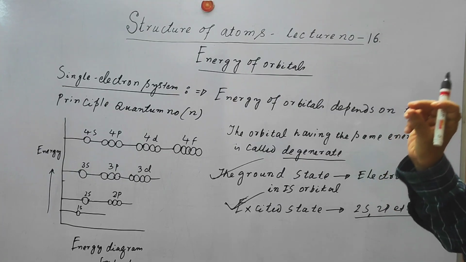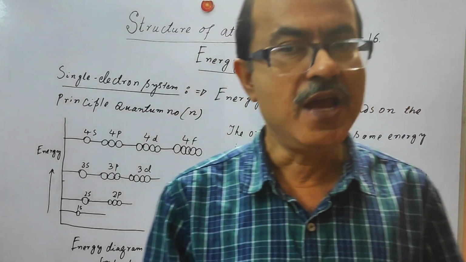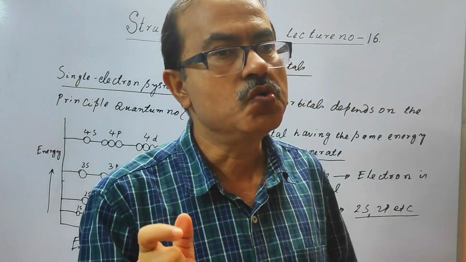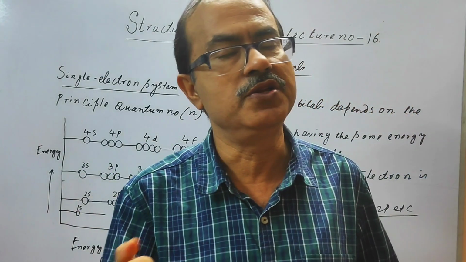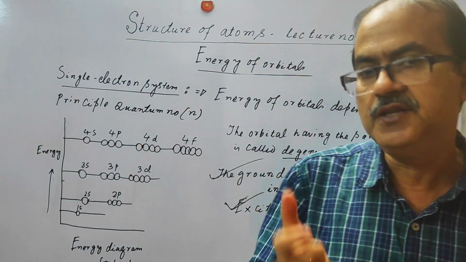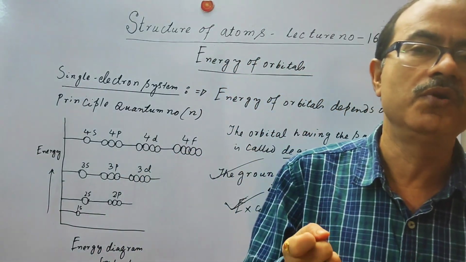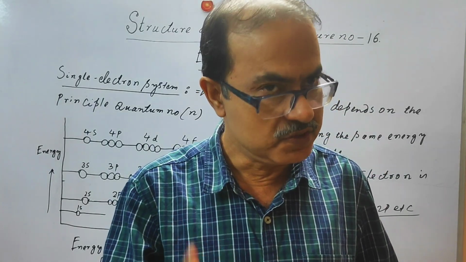When the electron is in the 1s orbital, the distance between the nucleus and the electron is least. So the attractive force between the nucleus and the electron is maximum when it is in the 1s orbital. That is why the energy of the electron is least in the 1s orbital.